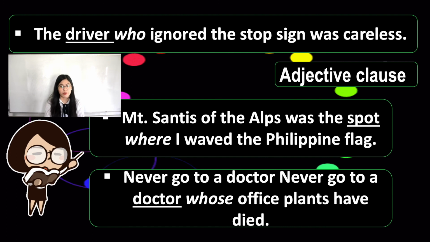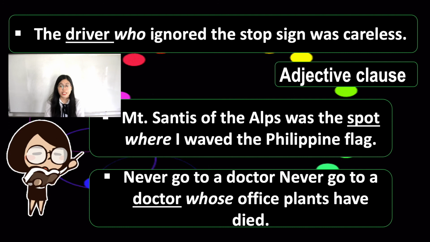Another example. Never go to a doctor whose office plants have died. To identify the adjective clause, locate first the relative pronoun. So our relative pronoun here is the word whose.